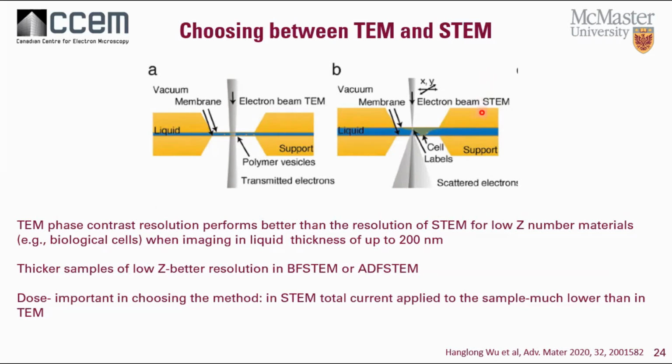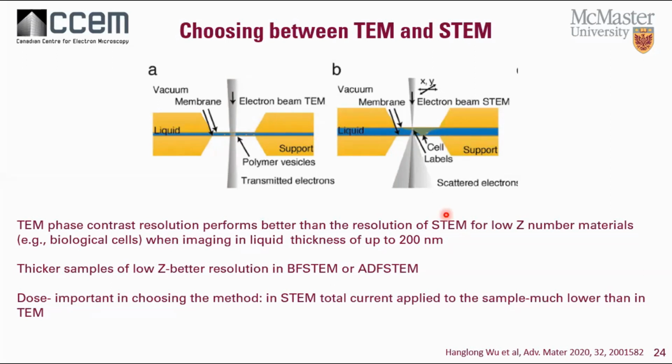In STEM, the specimen is scanned by a focused beam, and it does not need a post-specimen objective lens, which is the main source of the resolution-limiting chromatic aberration. Annular dark field STEM is effective for imaging materials of high atomic number in thick liquid layers due to the strong dependence of its contrast on the atomic number.